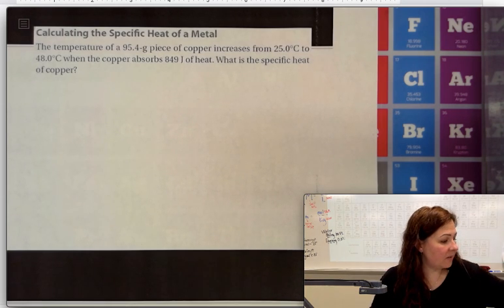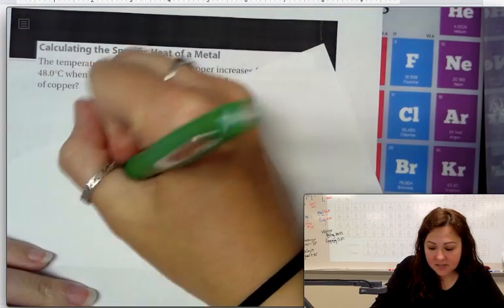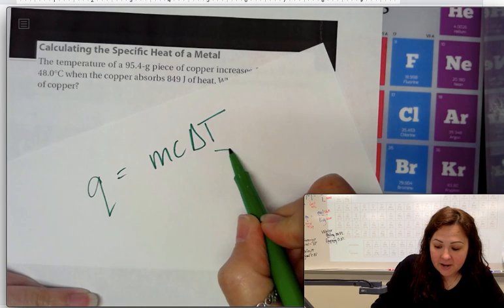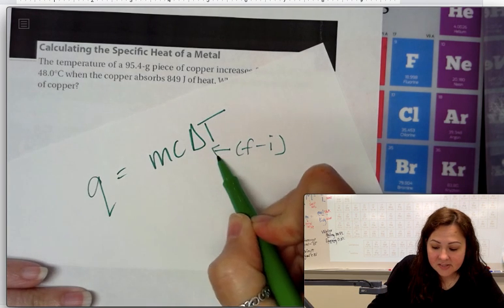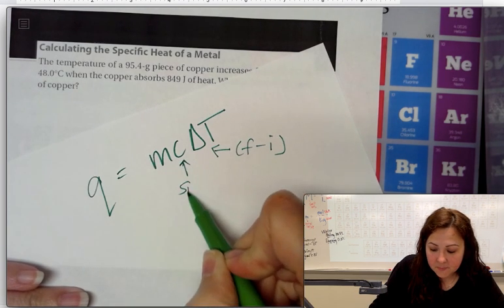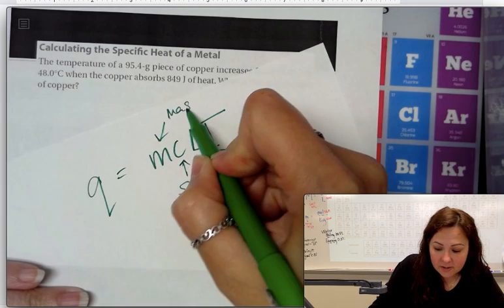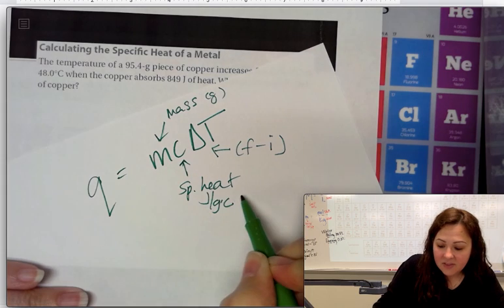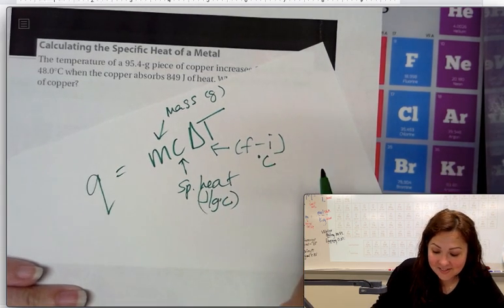So looking at my values, you have Q is equal to MC delta T. My delta T, I'm going to take my final minus my initial temperature to plug that in there. C is my specific heat, and then M is my mass. Mass is in grams, specific heat is joules per gram degree Celsius, and then my delta T is degrees Celsius.